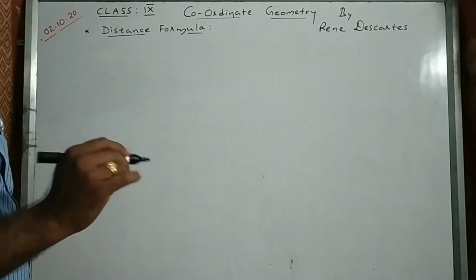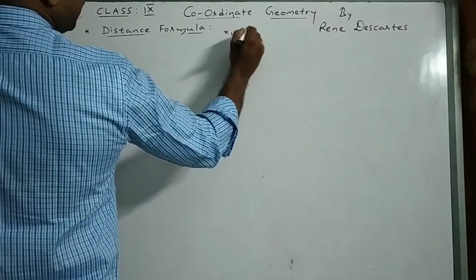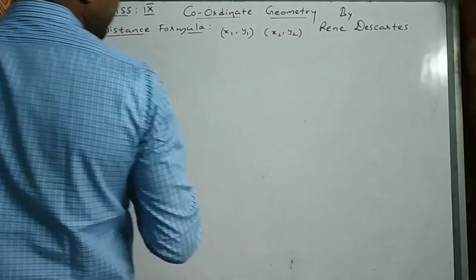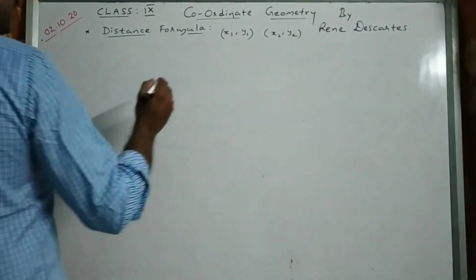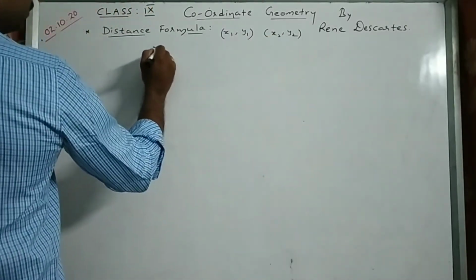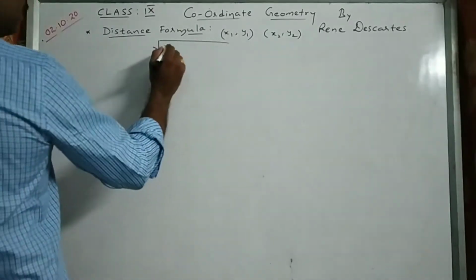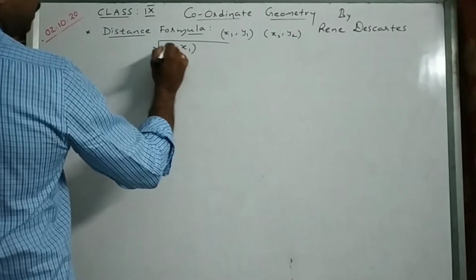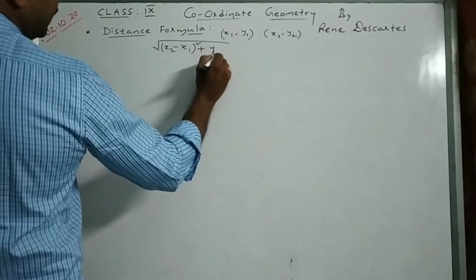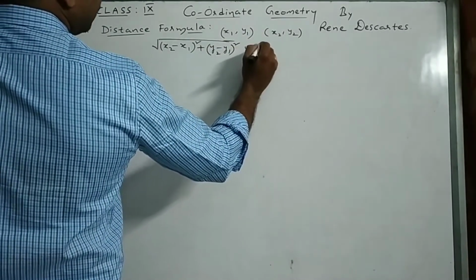When we are given 2 points in the plane, for example x1 comma y1 and x2 comma y2, to find the distance between these 2 points in the coordinate plane, we use this formula: square root of x2 minus x1 whole square plus y2 minus y1 whole square units.